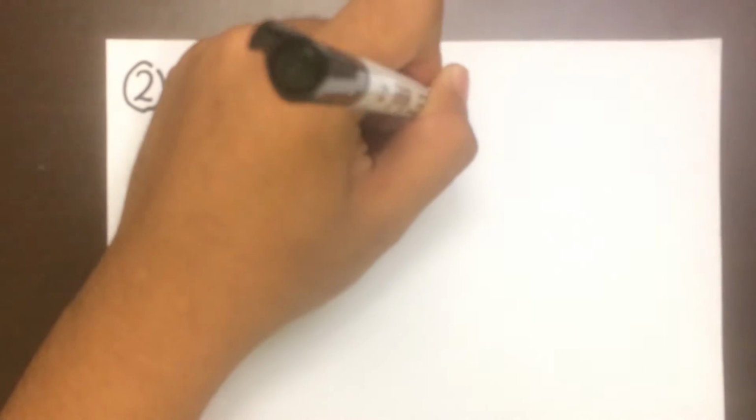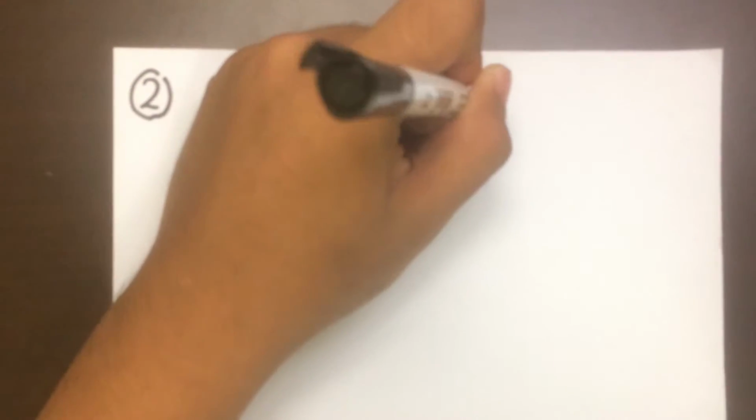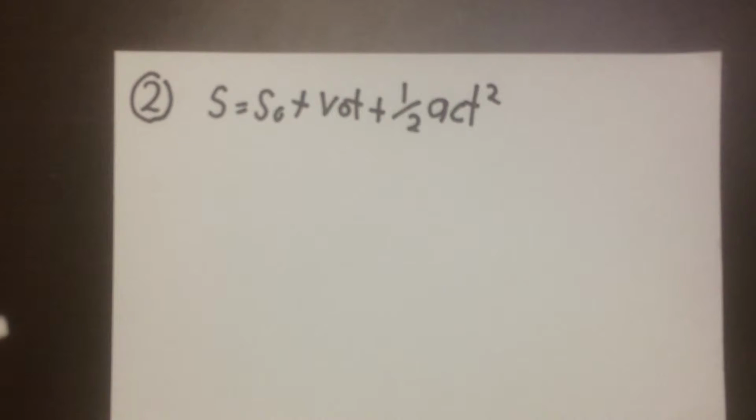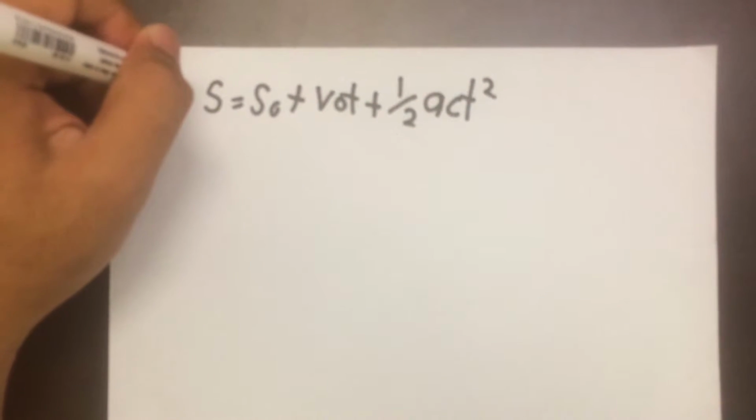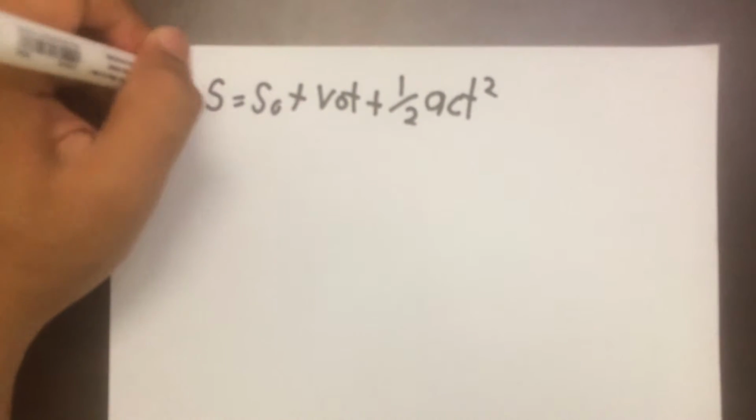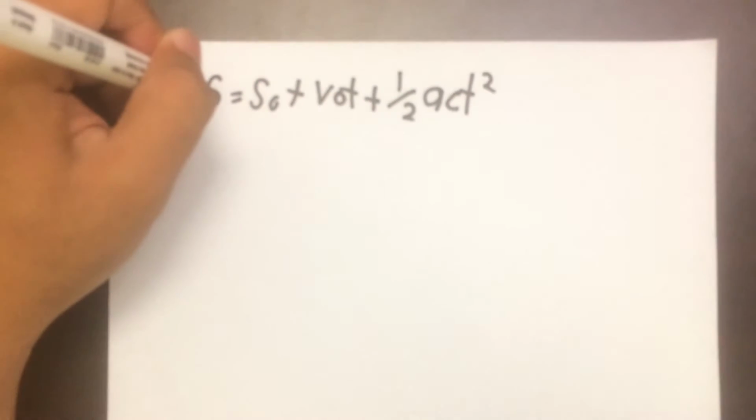For the second step, we can use the equation of motion S equal to S0 plus V0T plus 1 over 2 ACT squared. We put the sign of direction by downward.